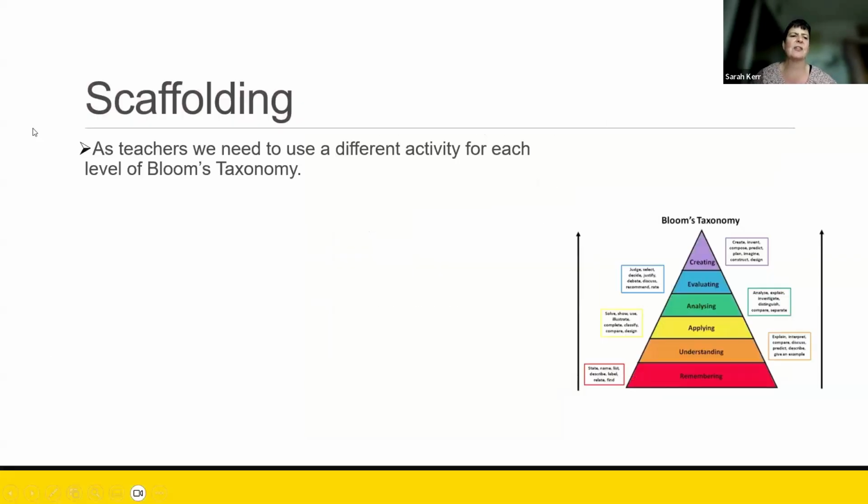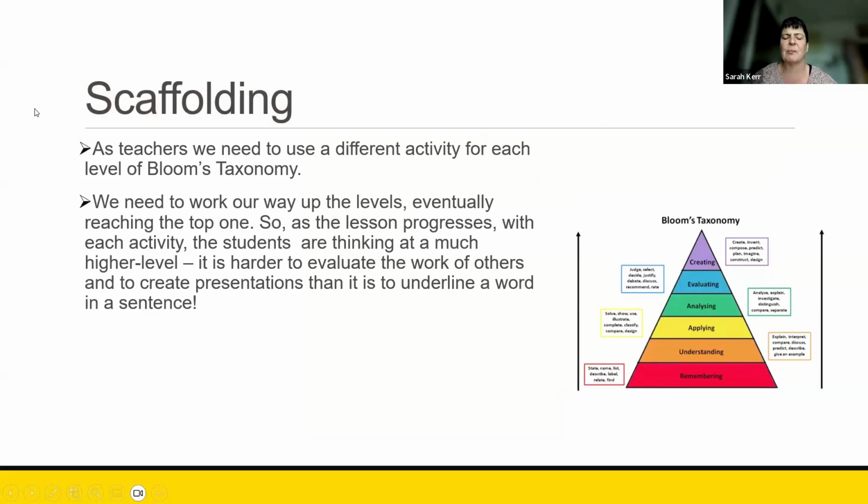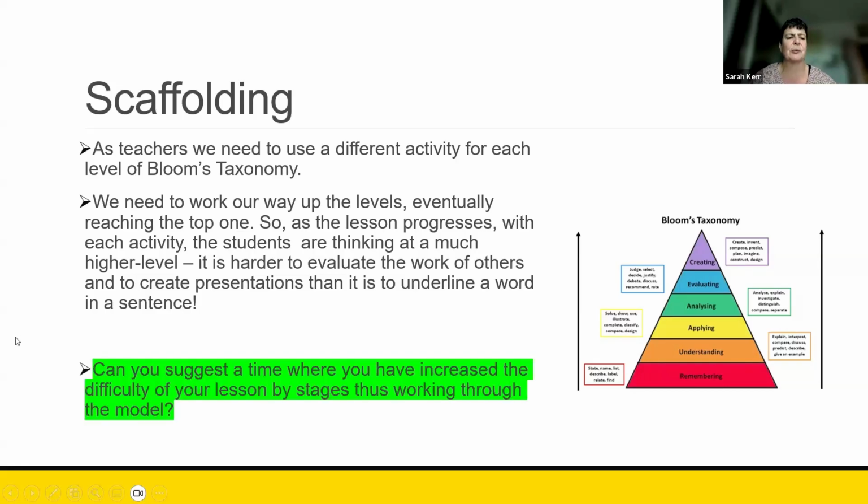So scaffolding works to help us move our weaker attainers up to the top tiers of Bloom's taxonomy. Work our way through the levels so that all students who are attaining at different levels, they work up their own ladder, for example.